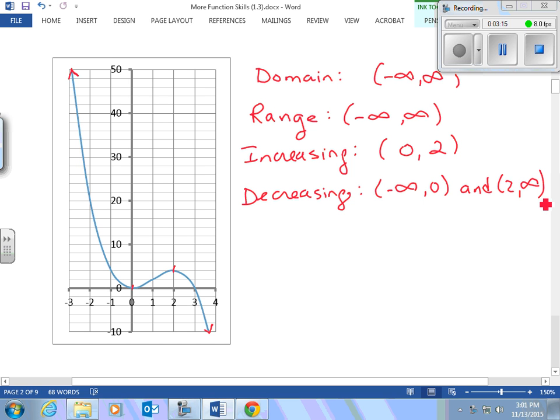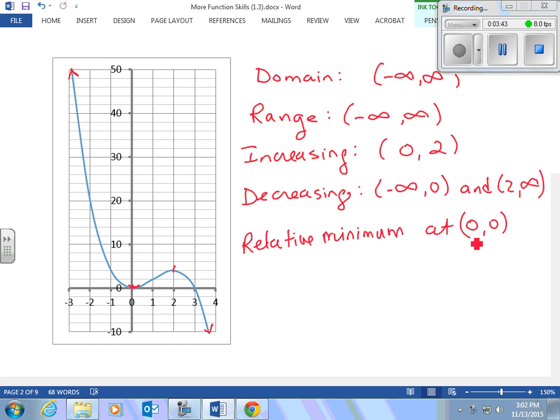And then let's look at relative minimum and relative maximum. Okay, and you can see that we've got a low point right here. So it's at 0, 0. And this is an interesting thing with relative minima and maxima, is that there's a couple of ways to talk about them.